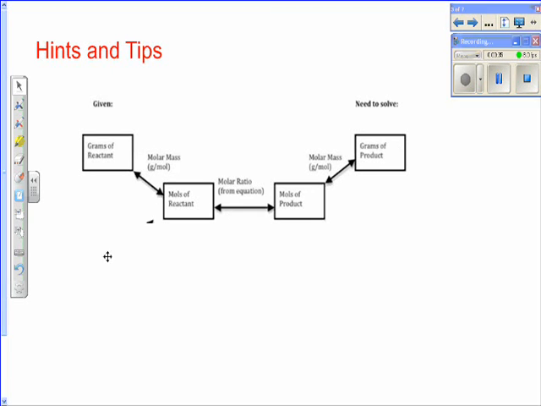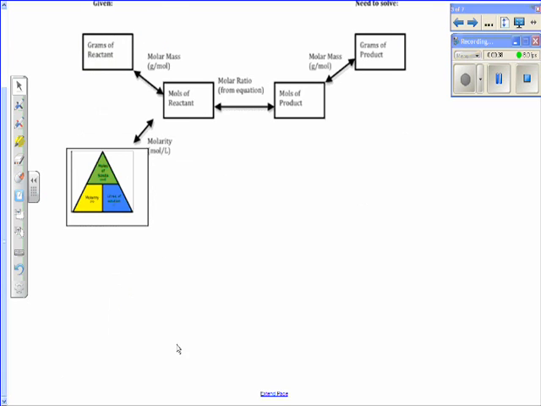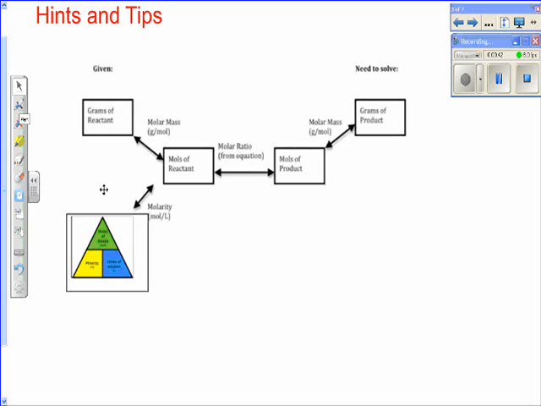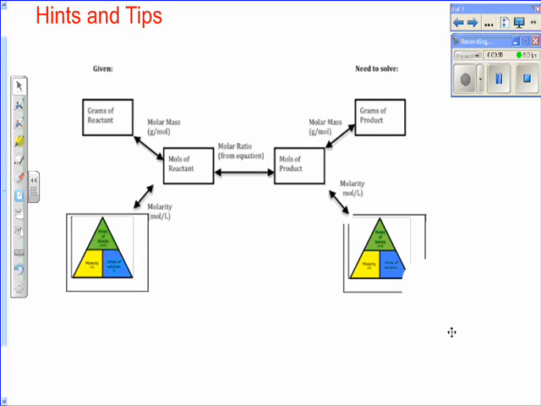Well, now we're going to use molarity as one of the options to start with. So if your starting solution is in liters, you would know to use the molarity to convert that to moles, and then you can continue through your stoichiometry problem. If your answer needs to be in liters, you now know that you can go from moles of the product to liters of the solution using the molarity as the converting factor.